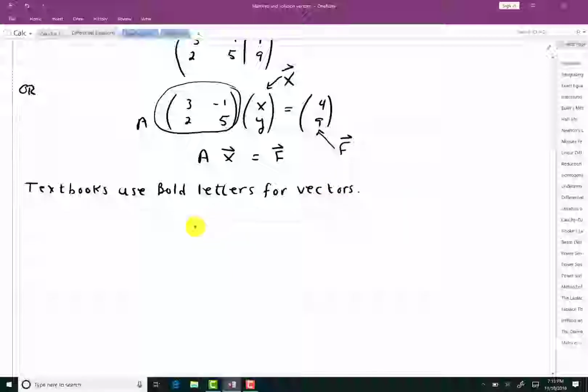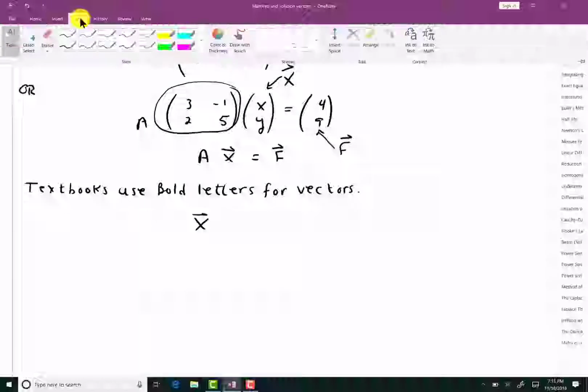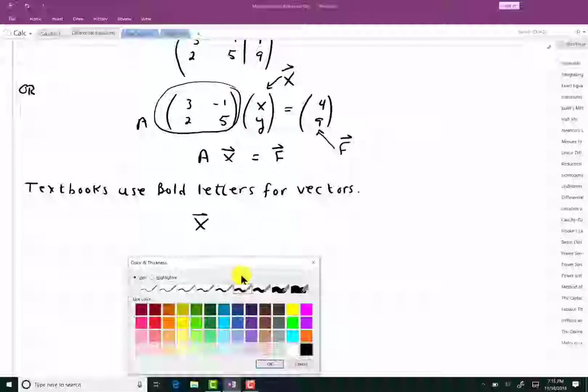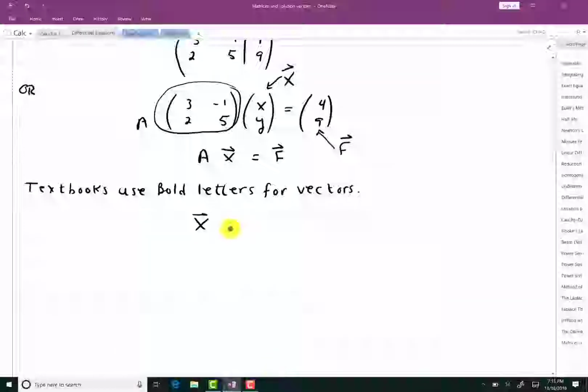So for example, instead of this, your textbook might instead represent it as something like this.